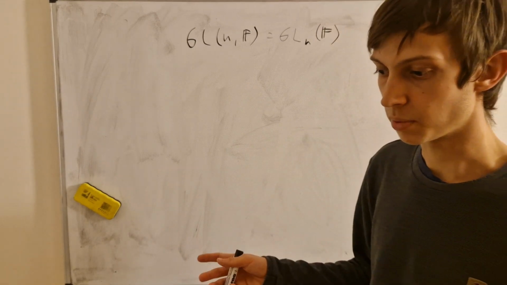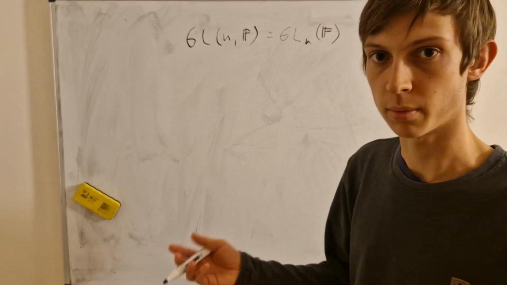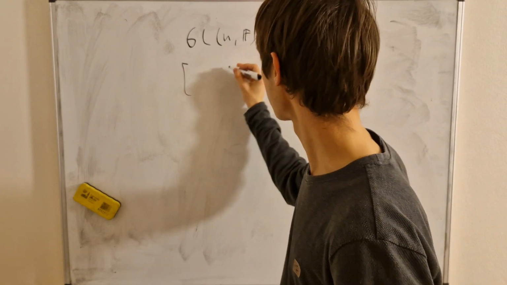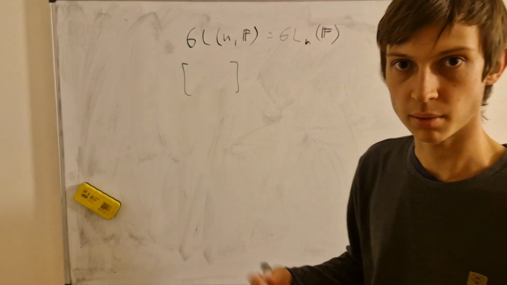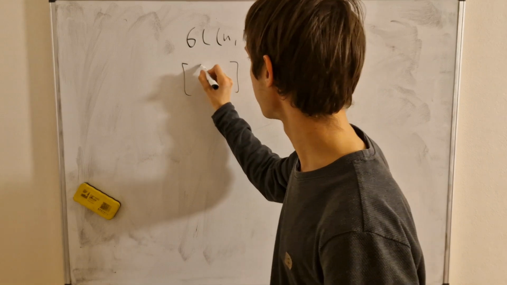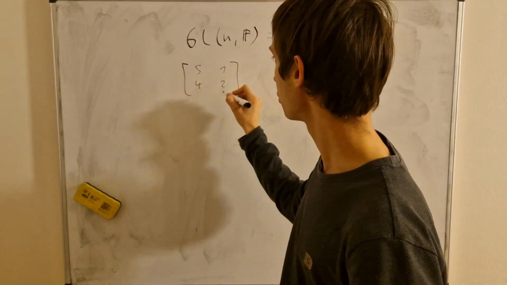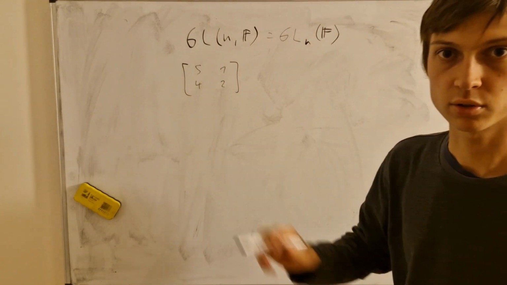So the simplest case are 2 by 2 matrices. So one could have, and now let's think about some matrix that has a non-zero determinant. 5, 4, 1, 2 could work. 10 minus 4 is 6, so that works.